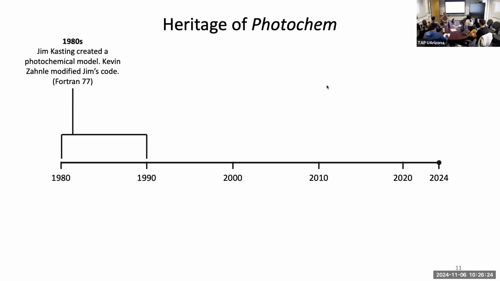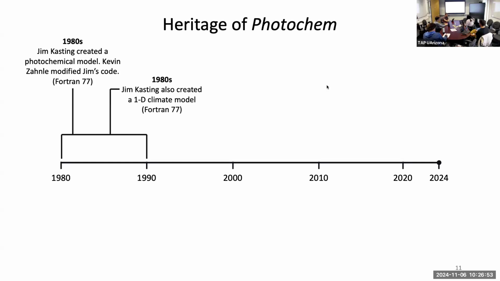The same deal with PhotoChem. Back in the 1980s, Jim Kasting and Kevin Zahnle made a photochemical model, and they used it for some classic publications. Kevin Zahnle did his PhD thesis in '85, and then wrote a couple of photochemical papers just after that.